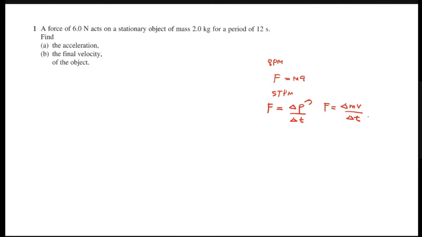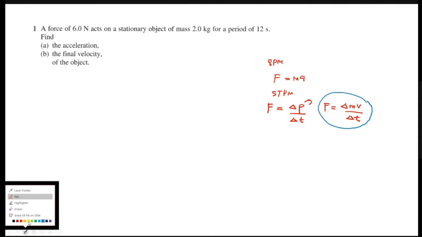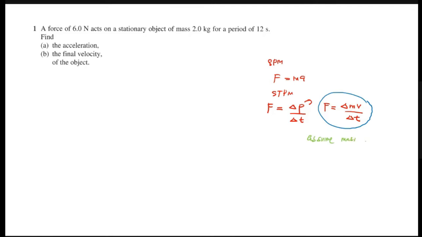So you can see that this is not directly F equals ma. He didn't say F equals ma. But because SPM is a much lower level than us, we assume that the mass is constant.